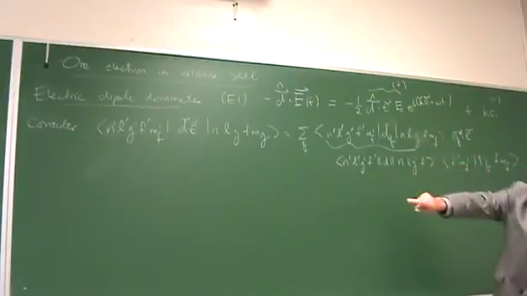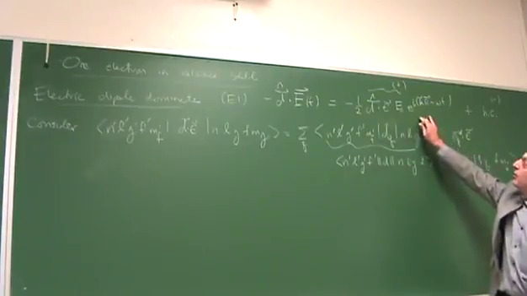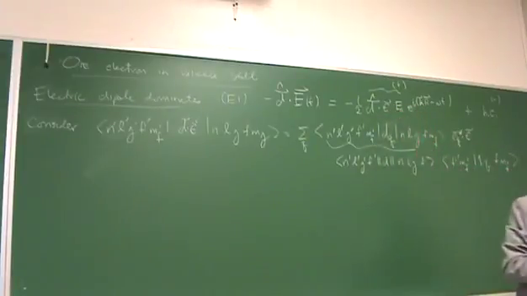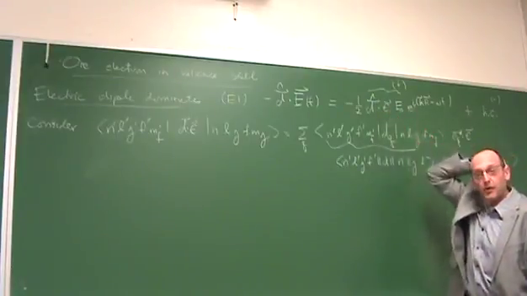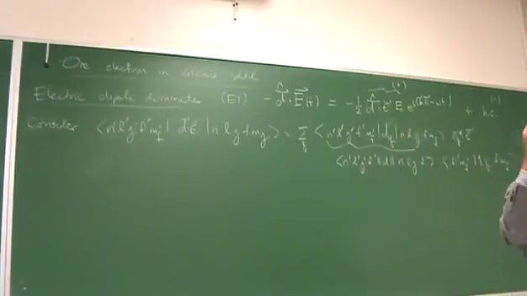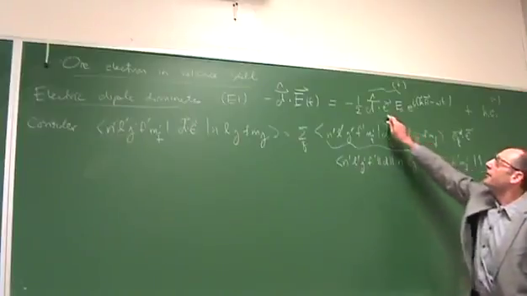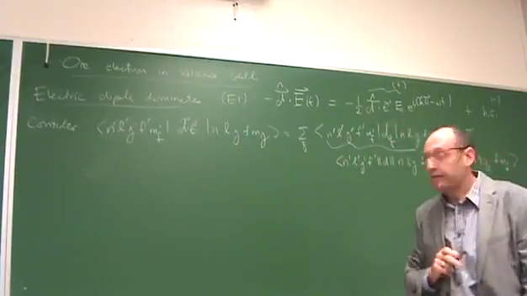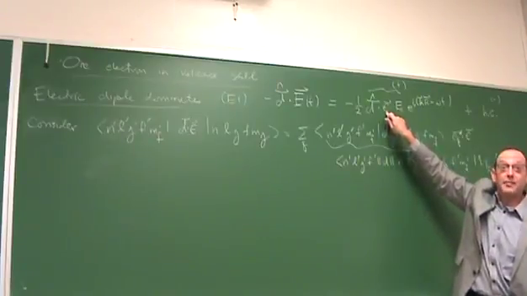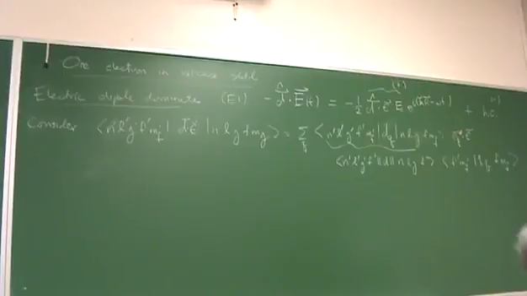This is a term that goes into the Fermi Golden Rule, and so what we need to think about is the matrix element of this observable associated with the electric dipole moment of the atom along the direction of the polarization of the field. This might be a complex polarization, it could be circular polarization, so epsilon here is a general polarization vector of a plane wave. It could be linear, elliptical, circular.